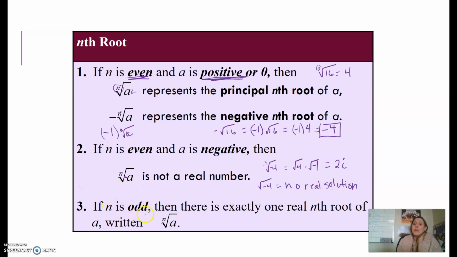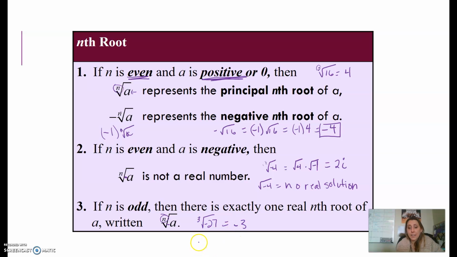If our index is odd, then we will have exactly one real solution if our a is negative. So if I have the cube root of negative 27, I would get negative 3.